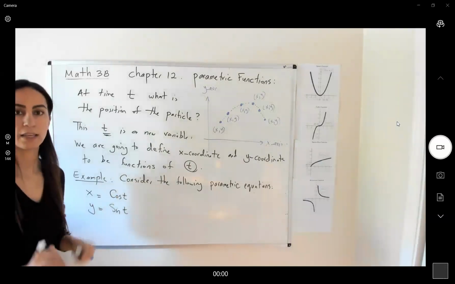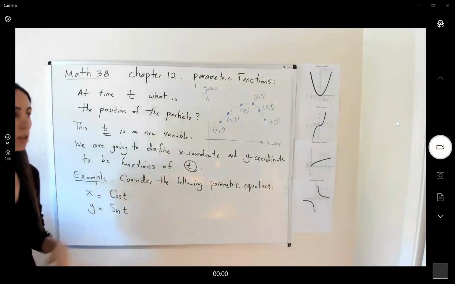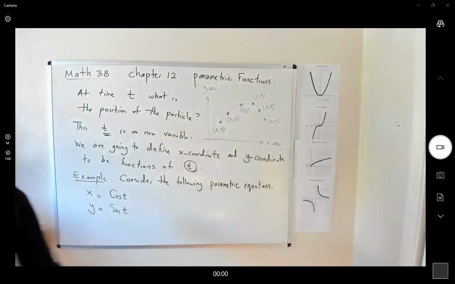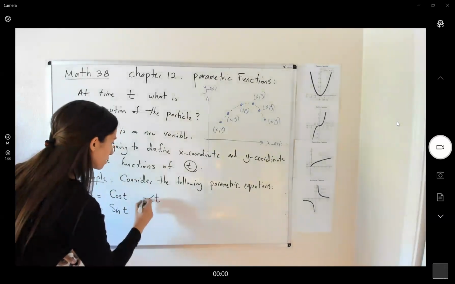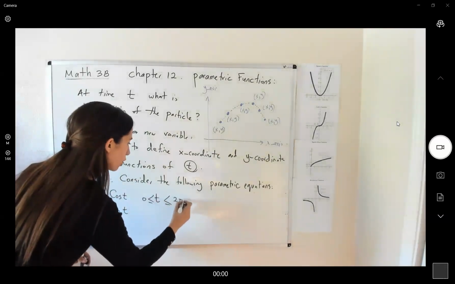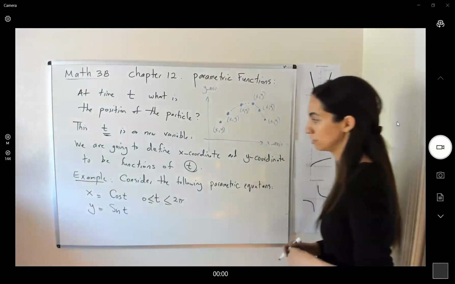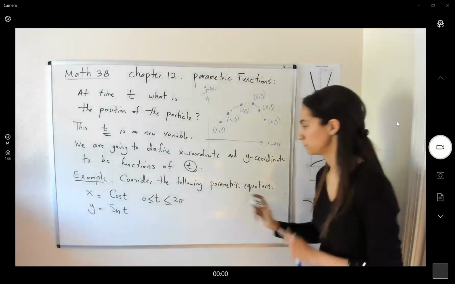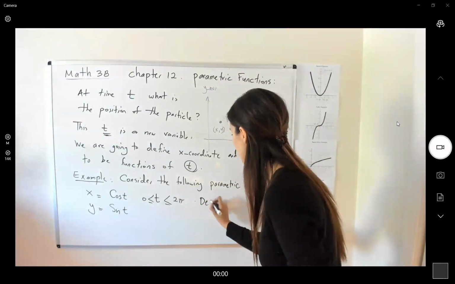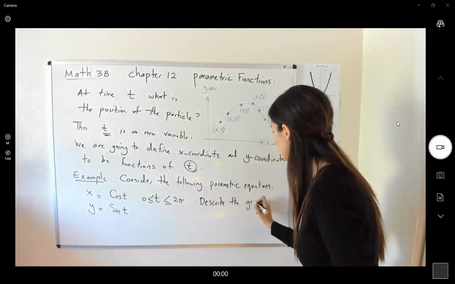And I'm saying that t, which in this case is the angle, not the time, is in between 0 to 2 pi. The question says, describe the graph of this particle.